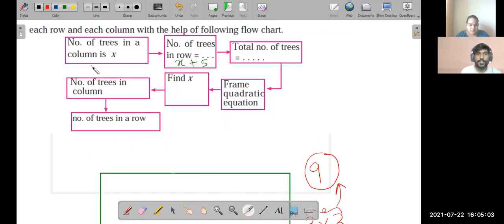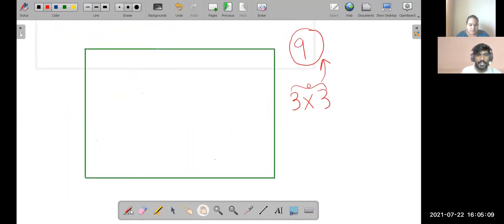Firstly, it says the number of trees in a column is X. That means there are X trees in the column. So if there are X trees in the column, there will be X plus 5 trees in the row.